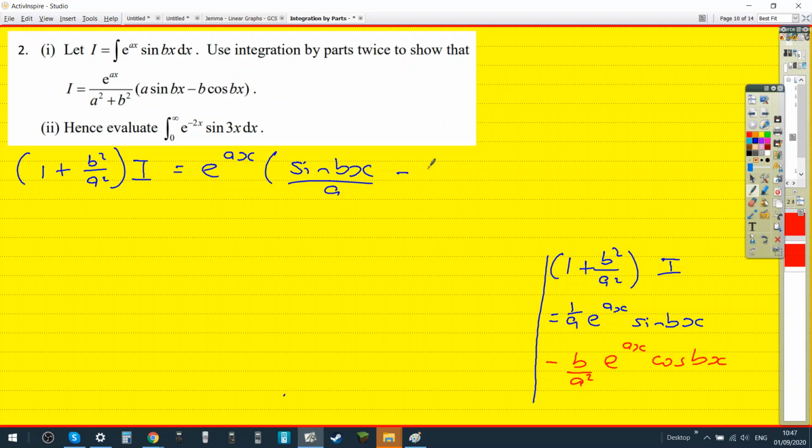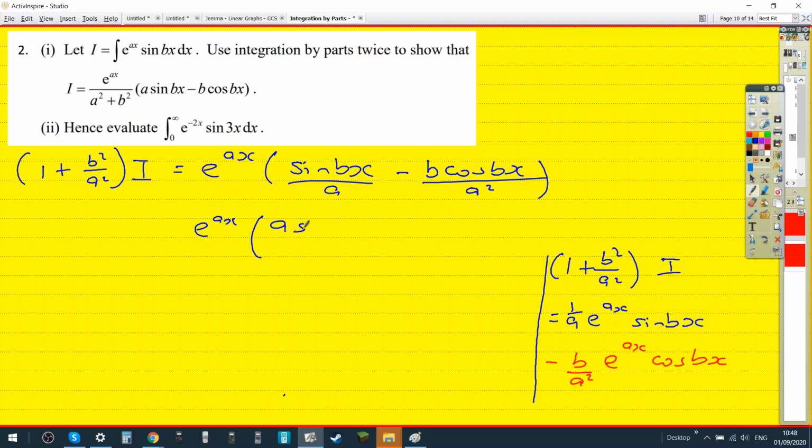Minus b cos bx over a squared. Then you could times the sine bx over a by a or something, because then they would have the same common denominator. To get a common denominator, is it? Yeah.